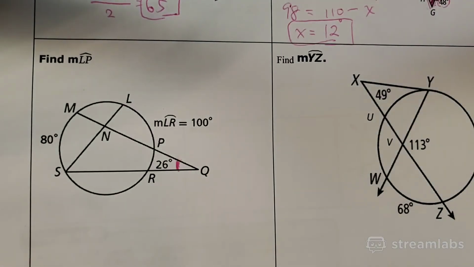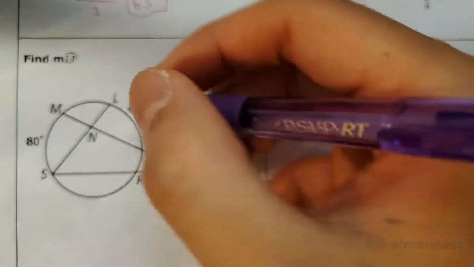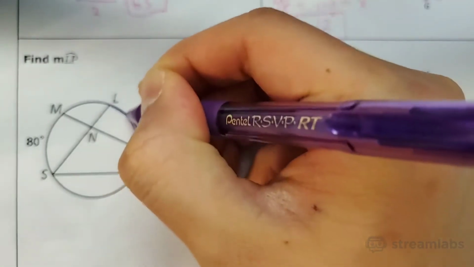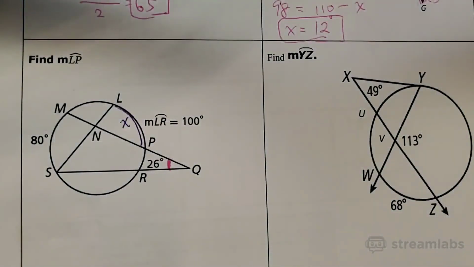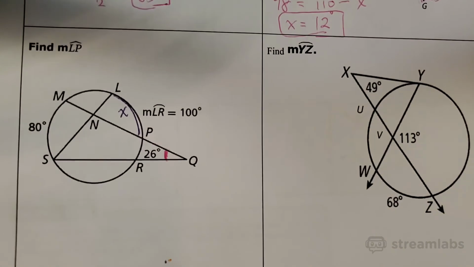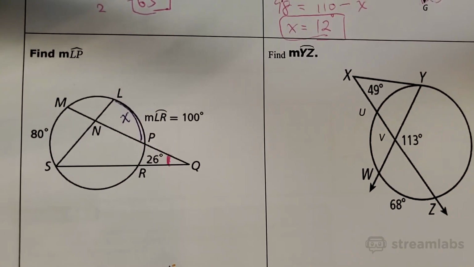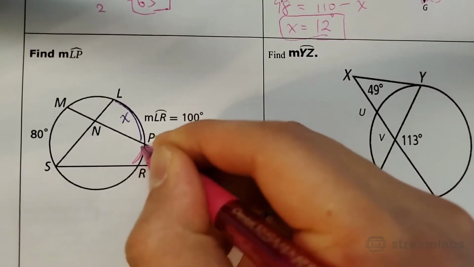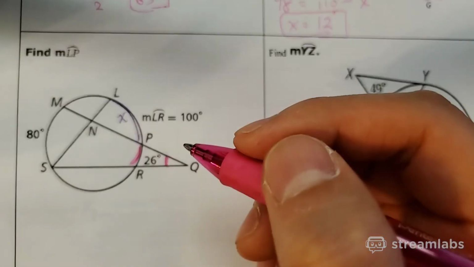You want to find LP, which is going to be this one right here. Right? Let's just call it X, okay? And you basically need to find this part first, right? Makes sense?